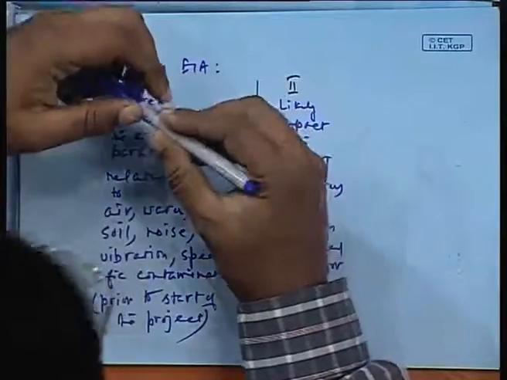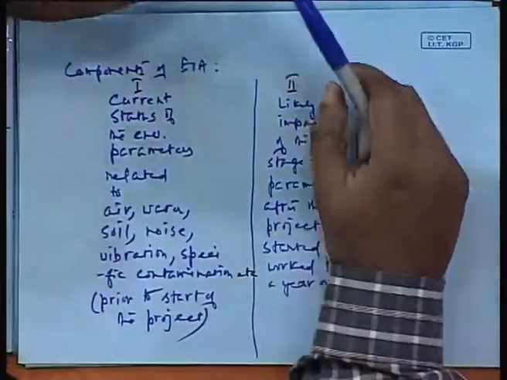Suppose you are going to produce 10 million tons of coal. If you are working on a stripping ratio of, say, 1:3, that means for 10 million tons of coal there would be about 50 million tons of overburden. That has to be cleared. So you are going to dislodge about 60 million tons of material.